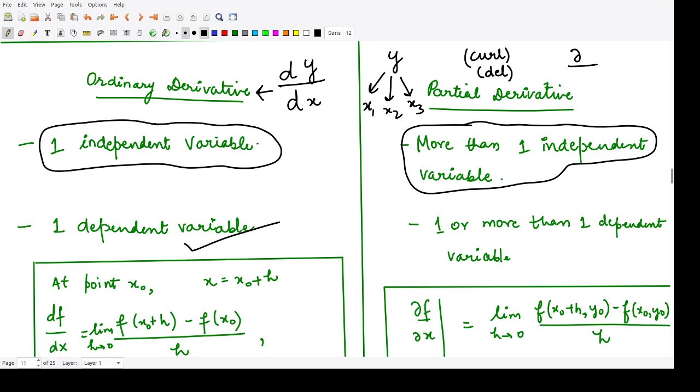Okay. So this is the curl or del operator. So this is del y by del x1, or it is del y by del x2 if you wanted to see what is the change in y with respect to x1, or you wanted to see what is the change in y with respect to x2, or you wanted to see what is the change in y with respect to x3.